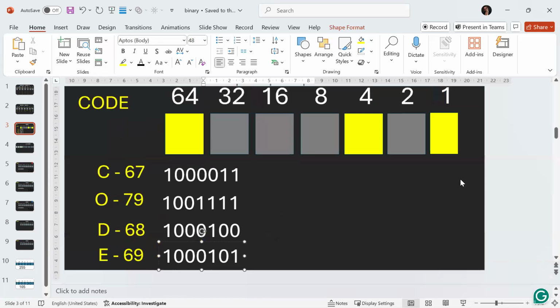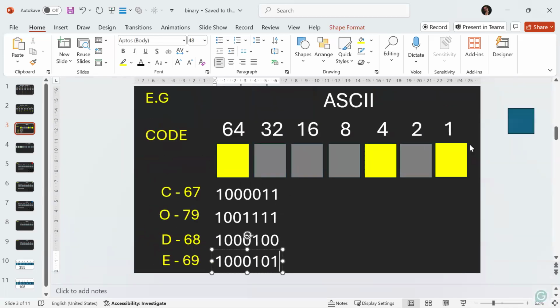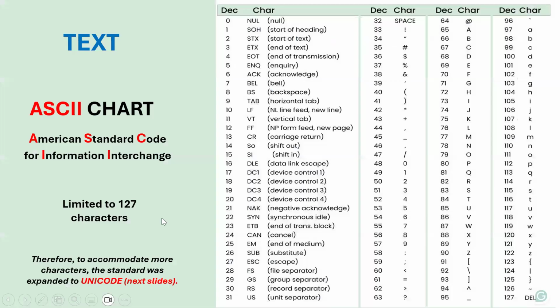Now let's go further. So what you understand now is, let me go back to the slide. You can now see, for those that might not understand why they say this is limited to 127, let me go back to this. I'm going to answer that question now.